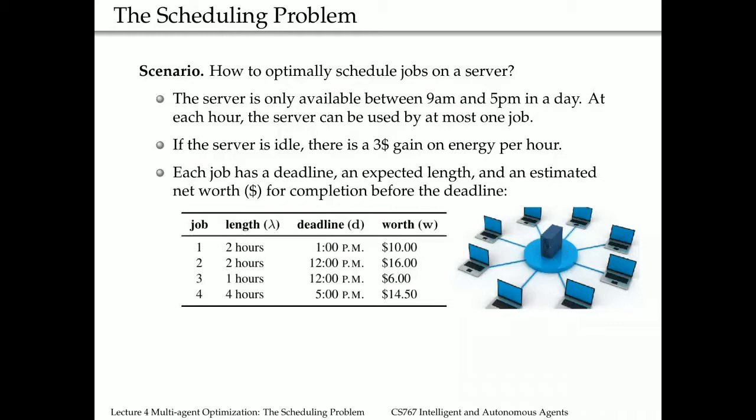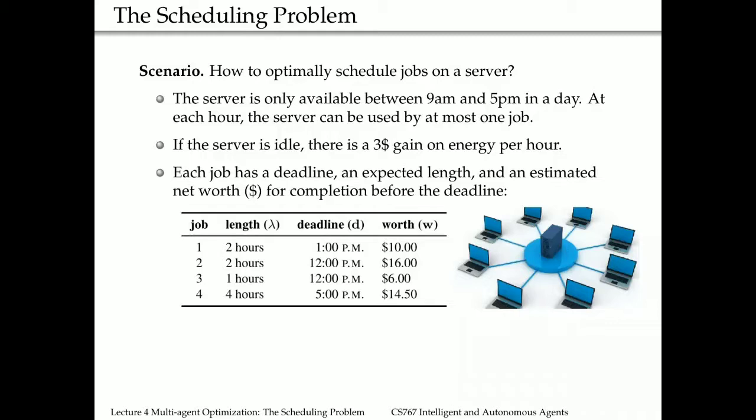However, the server can be used by at most one job at each hour. If the server is idle, then there's a certain amount of gain on the energy saved per hour. And also each job has a deadline, and you have to complete the job before the deadline in order to get the reward out of this job.